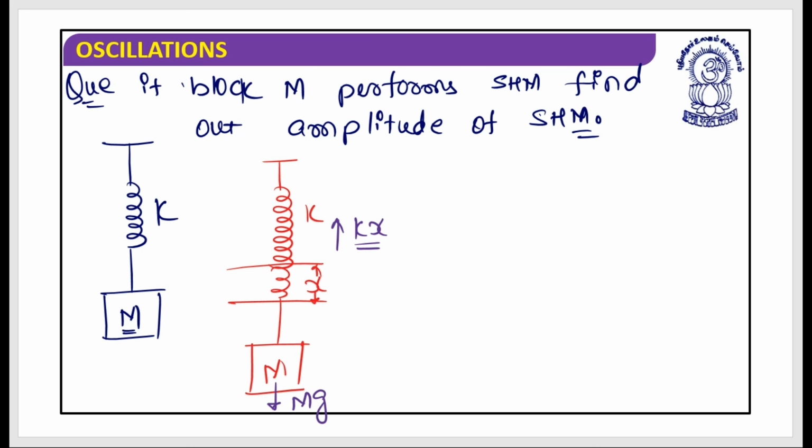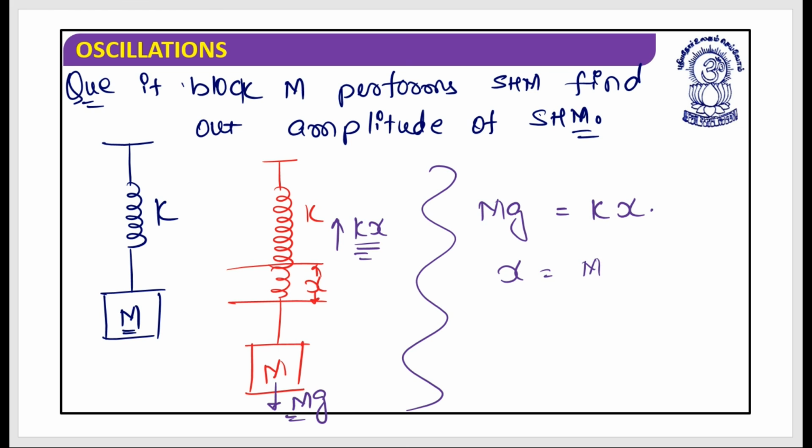At the mean position, mg and kx would be equal, because the net force acting on the block is 0. So mg is equal to kx, and from this x is equal to mg by k, and that could be the amplitude. So amplitude would be equal to mg by k.